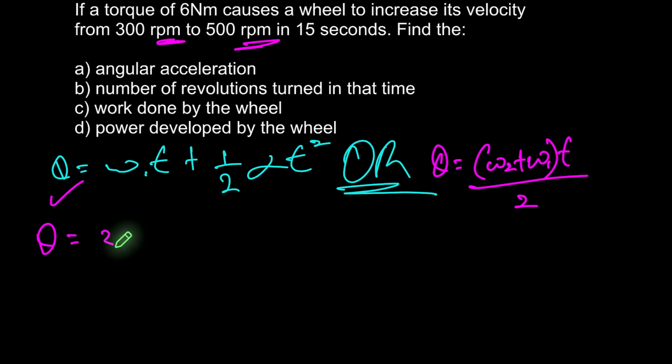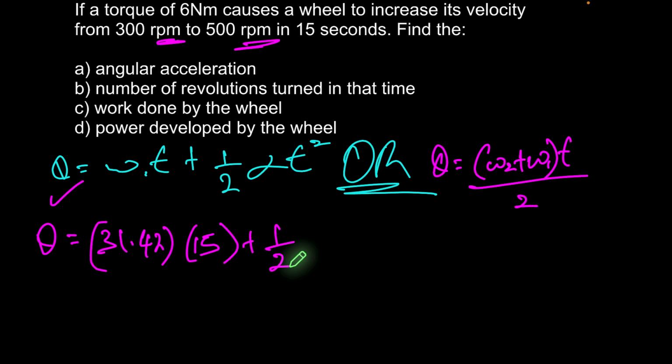So what we have here then is theta equals our omega 1 that we worked out previously, which was 31.42. The amount of time is 15 seconds. Don't need to convert that because we actually need it in seconds. And plus half our acceleration that we just found, which was 1.4, multiplied by 15 squared.